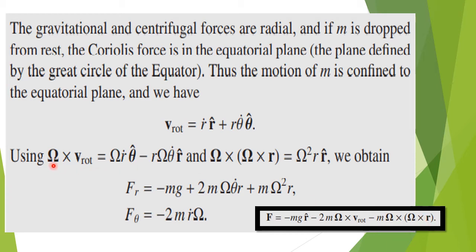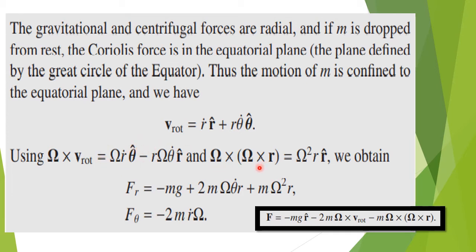For omega cross v rotational, we substitute v rotational here. During the cross product, you get the unit vectors. Omega cross r dot unit vector r will be omega r theta dot, and the second term you get is minus r omega theta dot unit vector r. So this contains two terms, one along the radial direction and the second along the tangential direction.